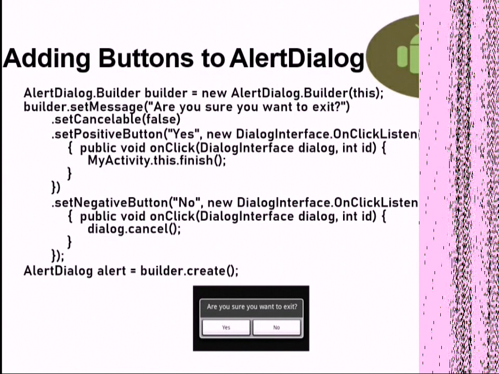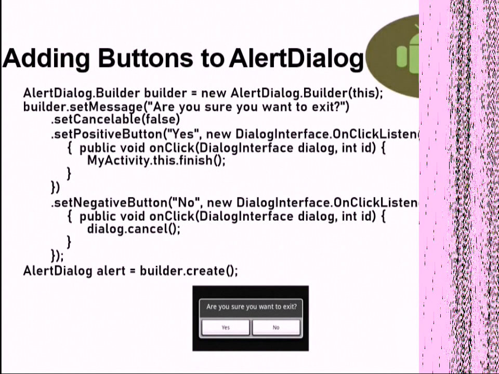Typically, you create an instance of the alert dialogue builder, and you use set message, within which you give the message that the user has to be warned with or told, and set cancelable false. This determines whether, if the user clicks outside of that interface, the alert box disappears, or in some cases stays still. It will only close if you select the buttons.